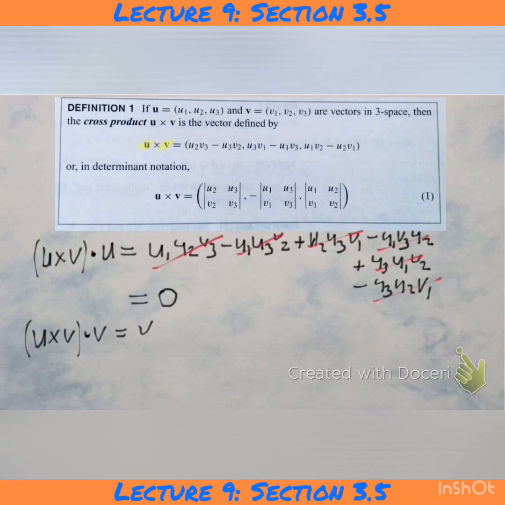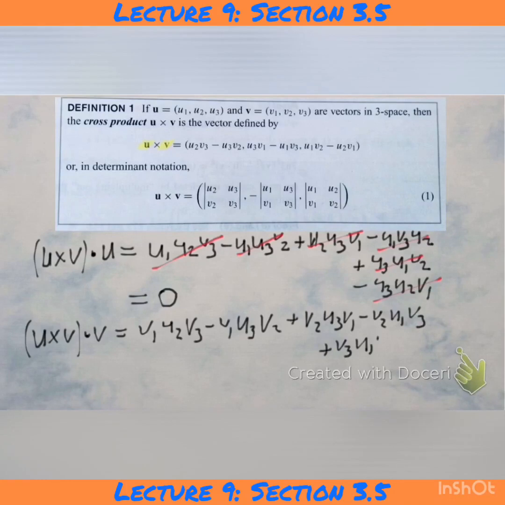So that's going to be v1, u2, v3 minus v1, u3, v2, plus v2, u3, v1 minus v2, u1, v3, and the last one is plus v3, u1, v2 minus v3, u2, v1.